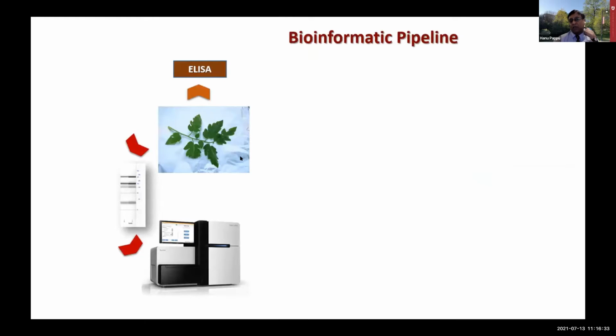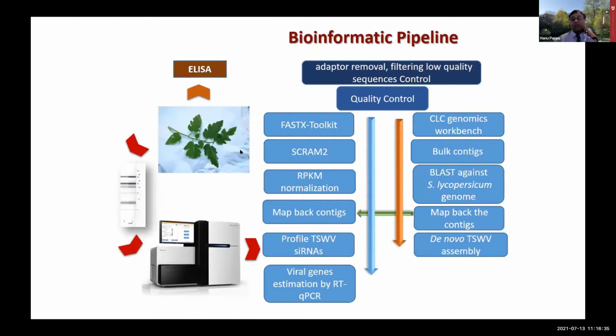Then we established a bioinformatics pipeline for all the sequencing data from these inoculated plants, and we filtered out all the host sequences and only selected the viral sequences, specifically the small RNAs produced as a result of degradation of the virus by the host defense response.